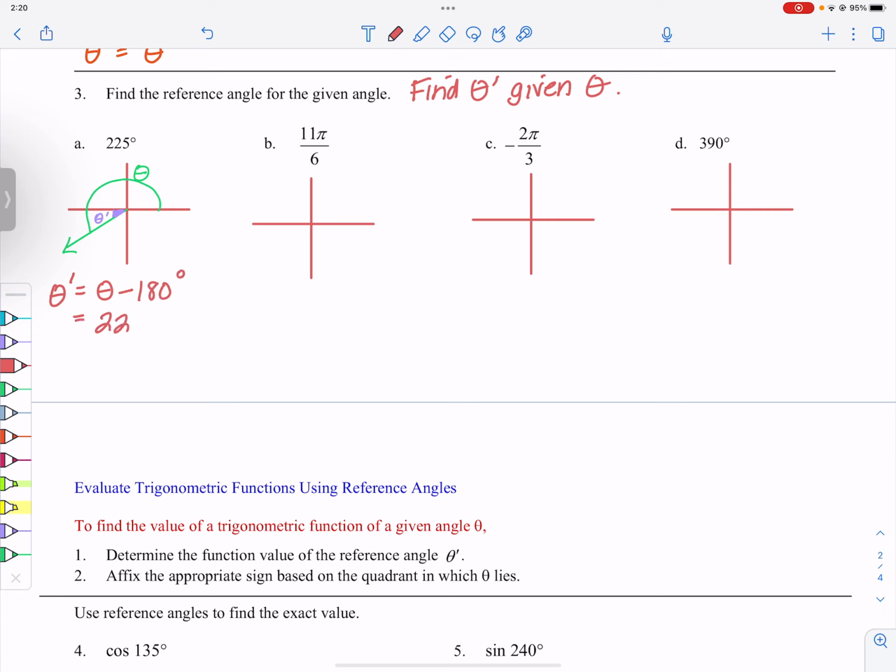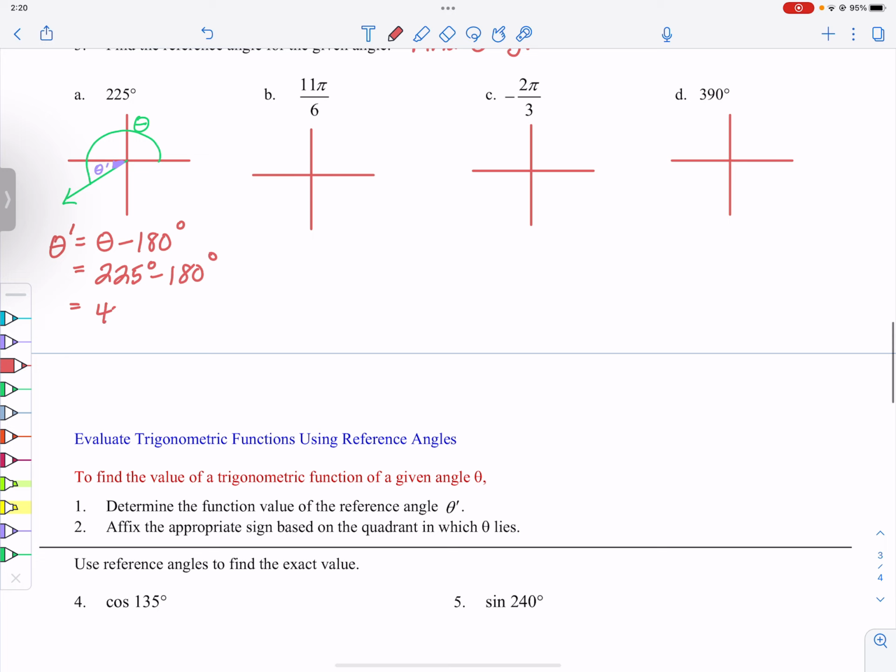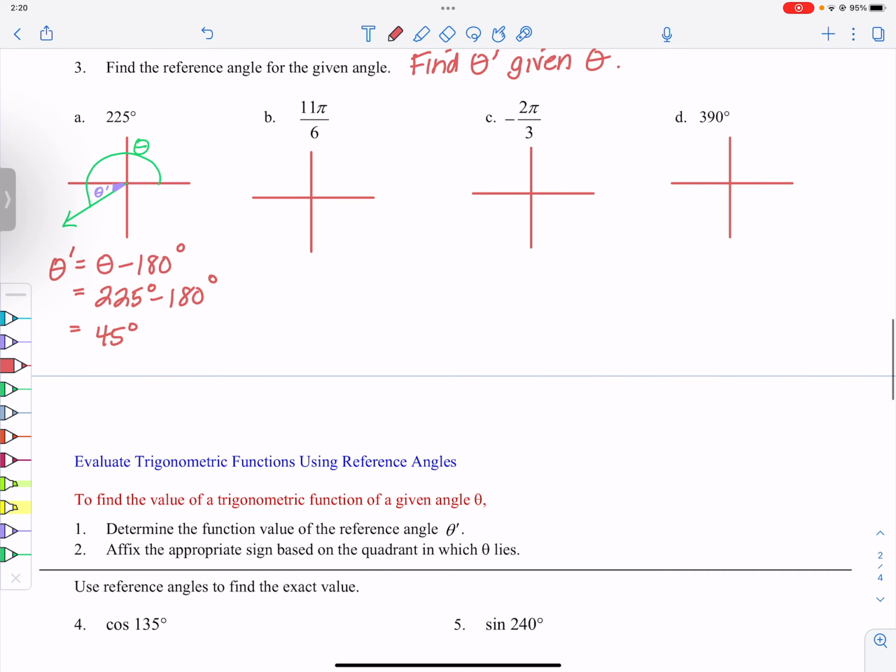And they gave us theta as 225. And 225 minus 180 is 45 degrees. So if they give us theta in degrees, we will answer in degrees, okay? Let's give this next one a try.